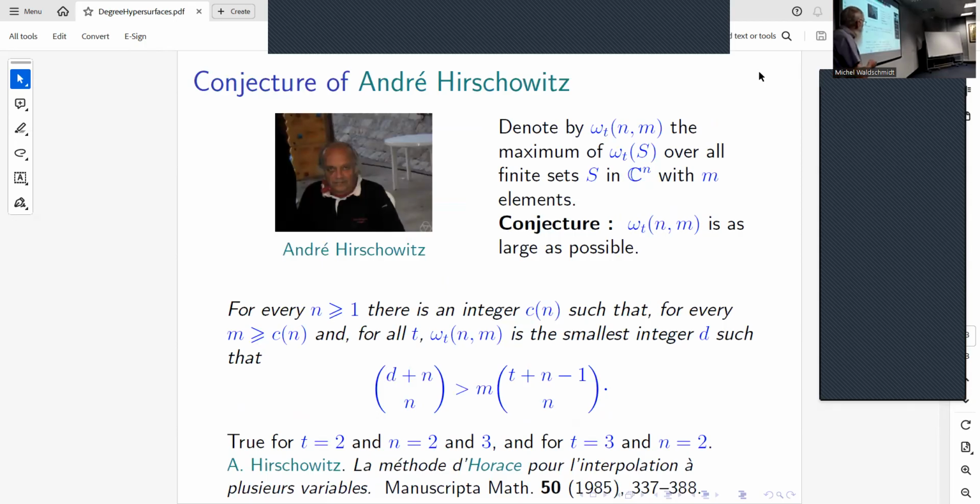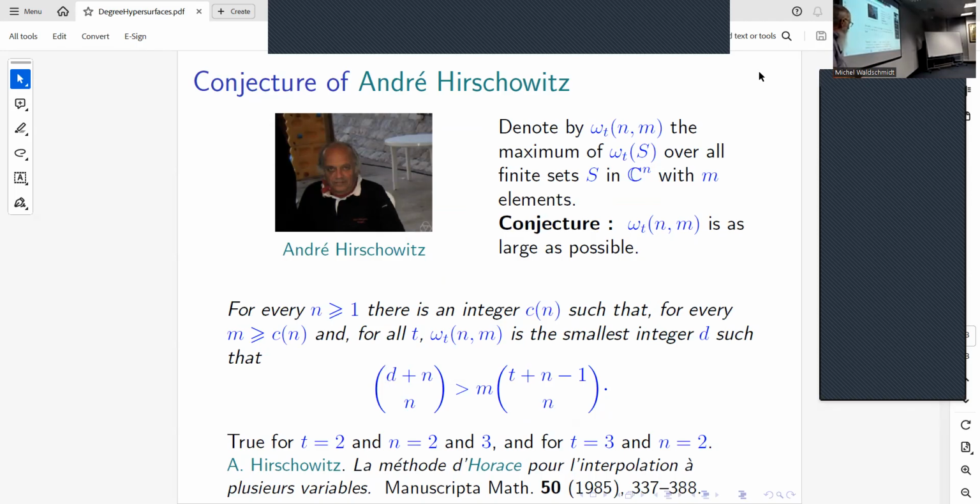Hershowitz has another conjecture about the maximum of omega t of s over all finite sets of n elements. This conjecture is that this is as large as possible, and as large as possible means you look at what is obtained from the linear algebra, and what you expect is that you cannot improve the linear algebra.